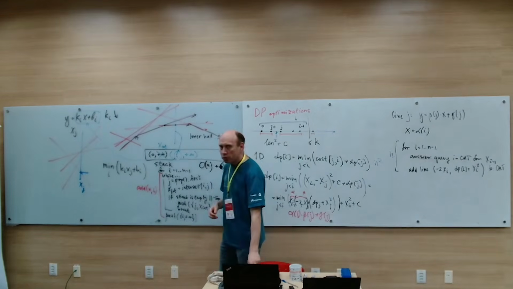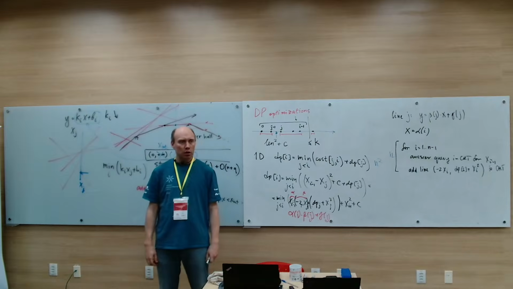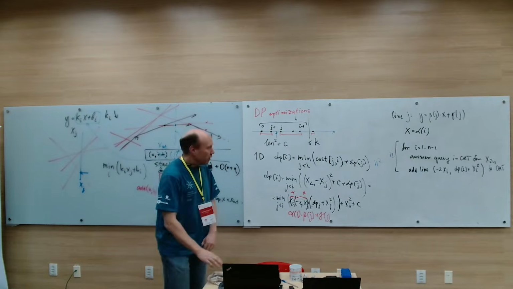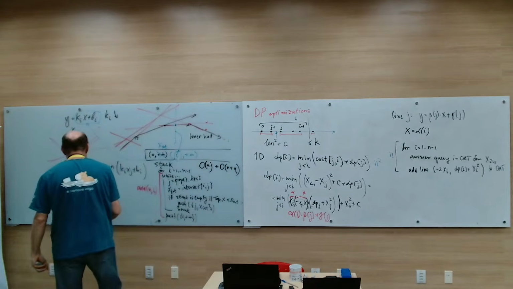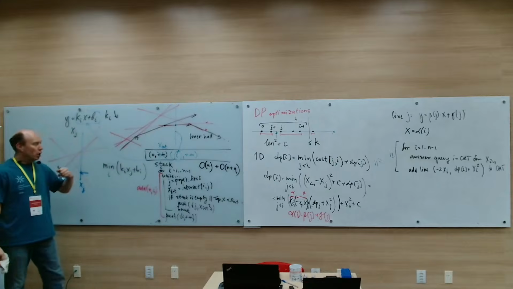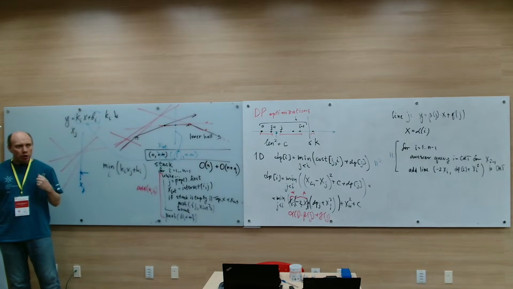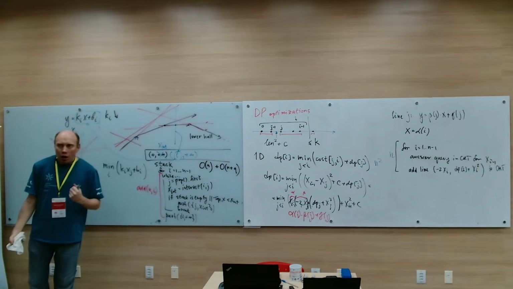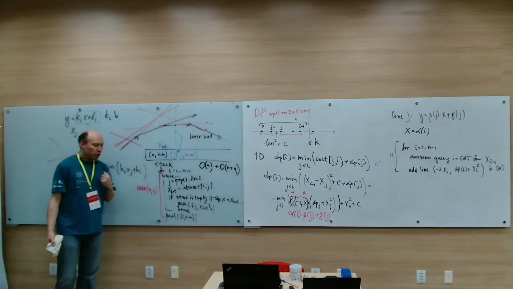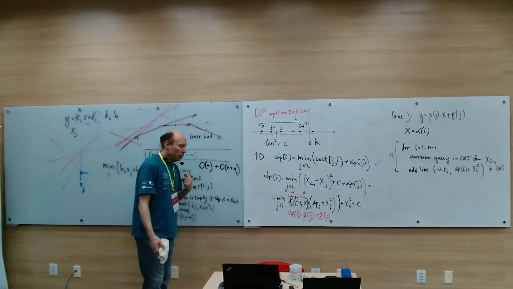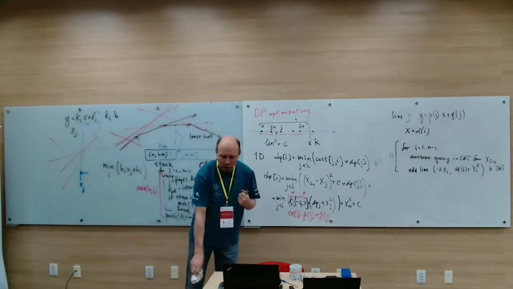Any questions so far? Comments? Okay. The next thing that we're going to consider will be an alternative way to do the same using the data structure called Li Chao tree. The situation is the following. Li Chao tree has advantages and disadvantages.